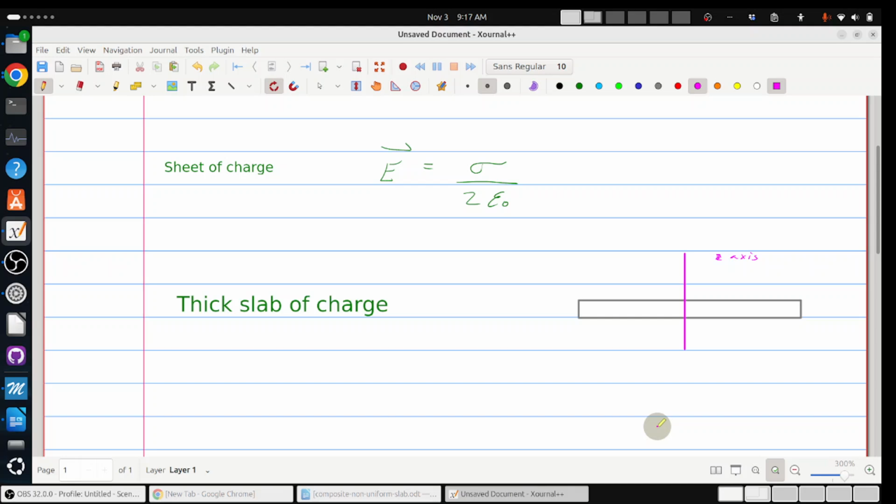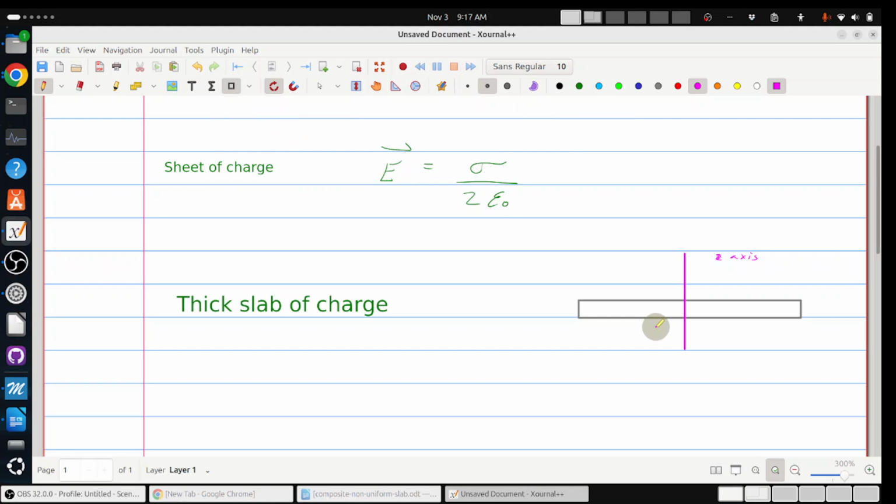It doesn't really matter if it's x, y, or z. It's just recognizing that the direction we have to integrate over is going to be the direction perpendicular to the slab. Okay, so we're going to first just talk about, again, the setup real quick.